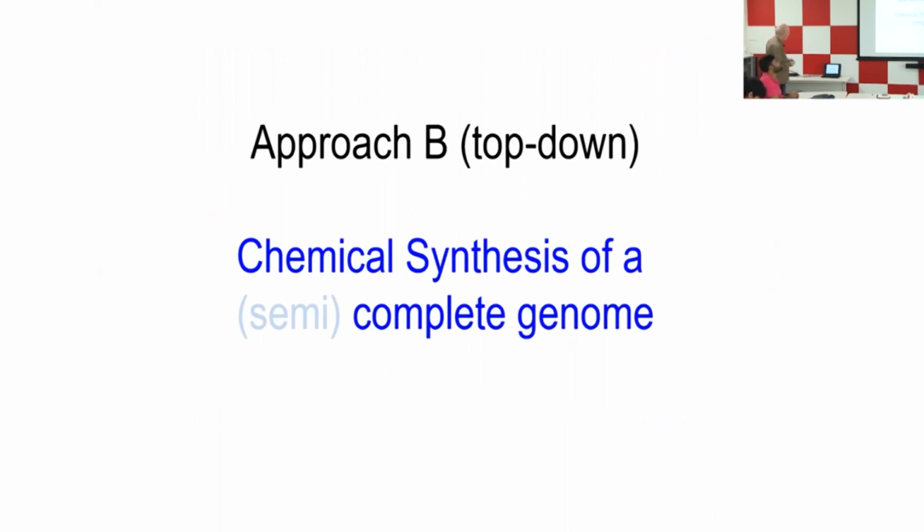The other approach, and the approach A, if you remember, bottom up, is that you start with an existing bacterium, and then you start deleting or making modifications. But you can go exactly the other way, and start a complete chemical synthesis of a genome. Until 10 years ago or so, it was completely impossible.